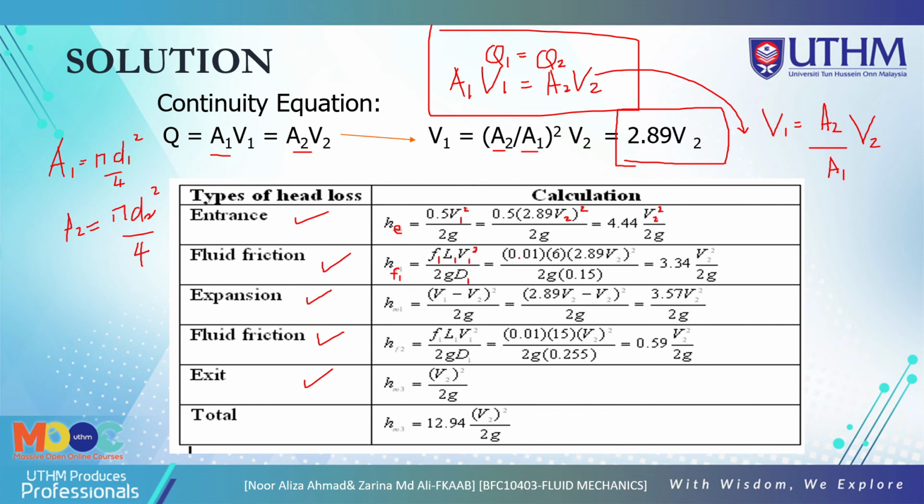Just put the F, L, and the value of V1, 2.89 V2 squared here. So you get the value of 3.34 V2 squared over 2g.